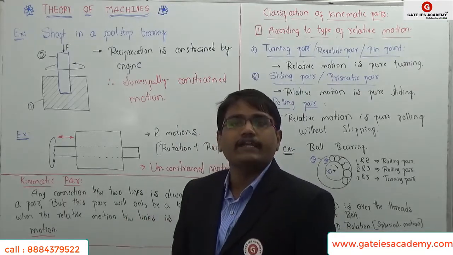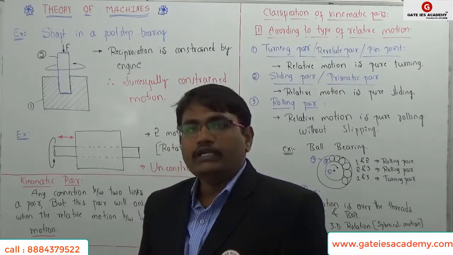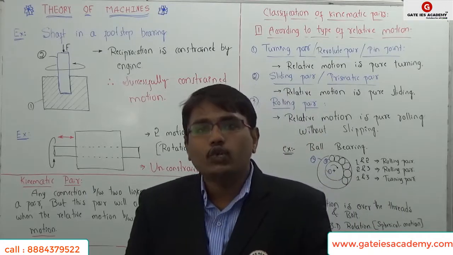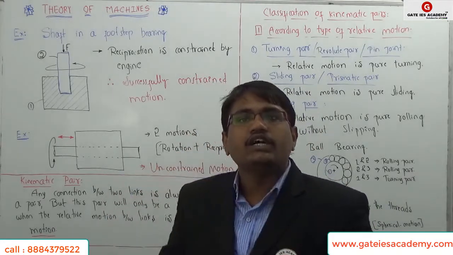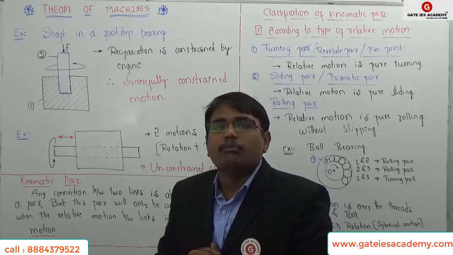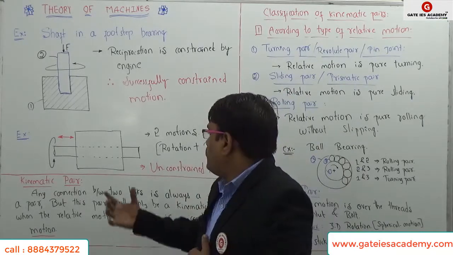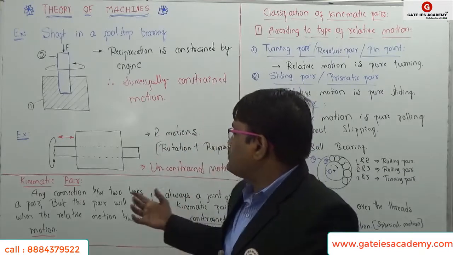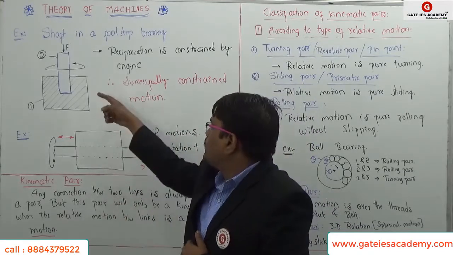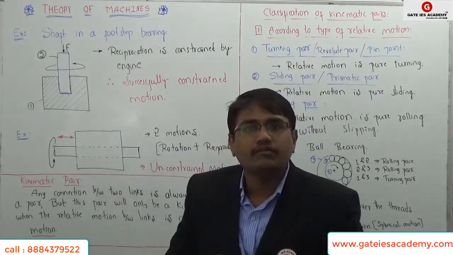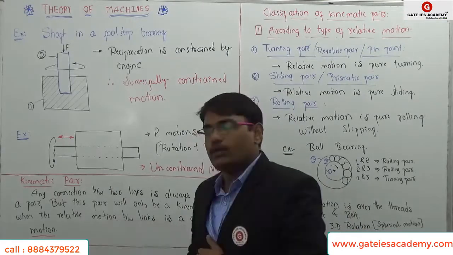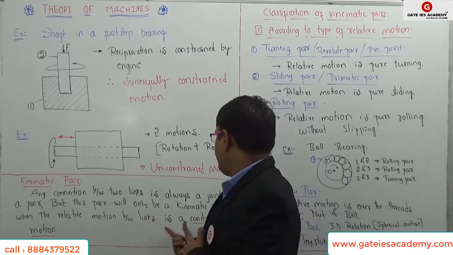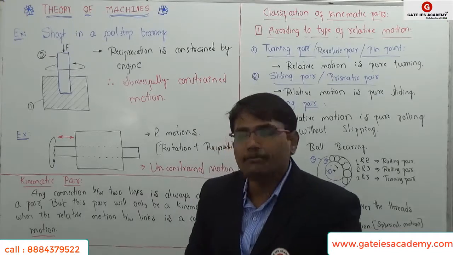Now what is the kinematic pair? See, any connection between two links can be a pair, but to define it as a kinematic pair, the pair must be such that there is a constrained motion between the two links.